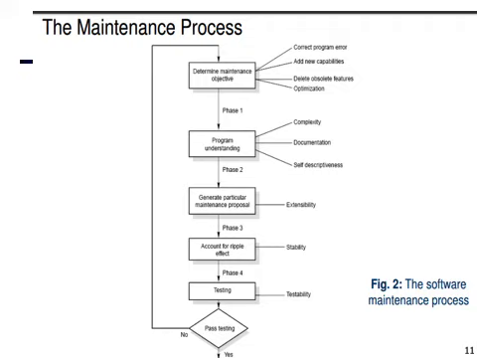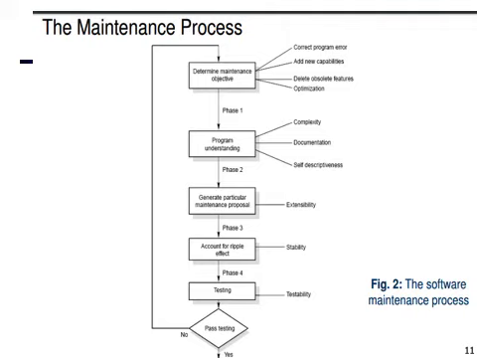So, in phase 1, you are going to analyze the program to understand it. That is, the complexity of the program, the documentation of the program, the self descriptiveness of the program, everything will be analyzed in order to understand the program better, and then only you can make the proper modification of the program. So, in phase 1, you understand the program.